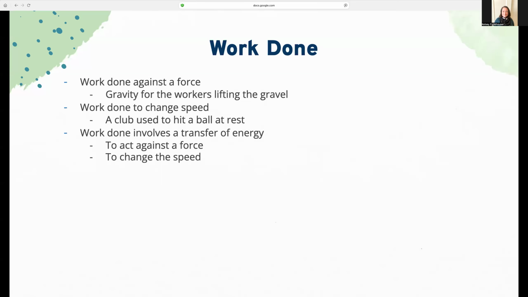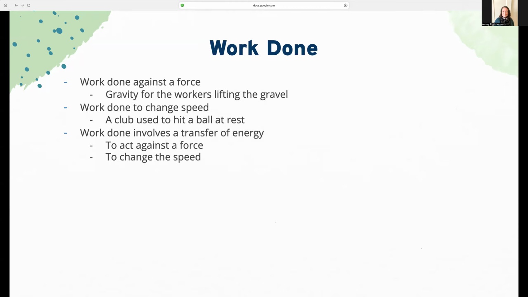So work done, there's kind of 2 main categories of work, either work done against a force, like the worker lifting the gravel, they're working against the force of gravity to lift the objects. There's also work done to change speed. An example is a club used to hit a golf ball that's at rest.